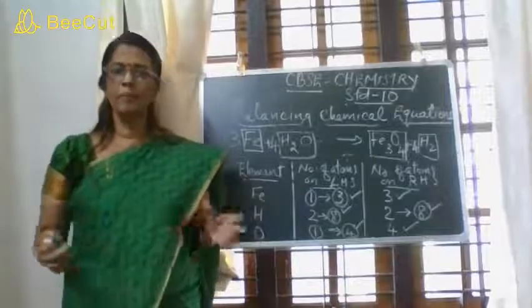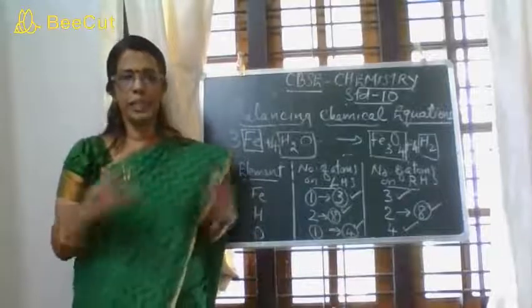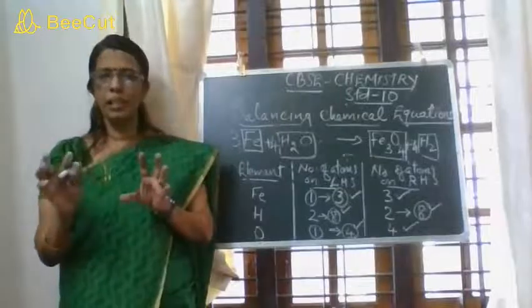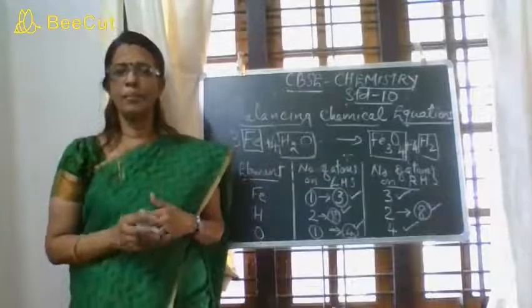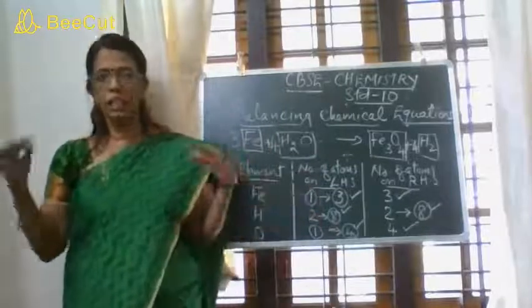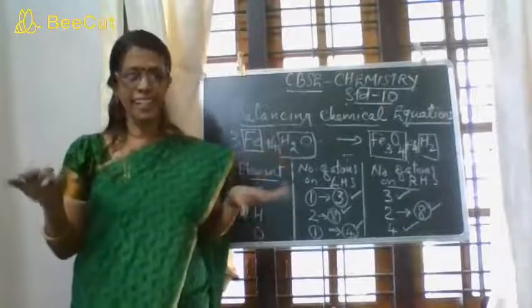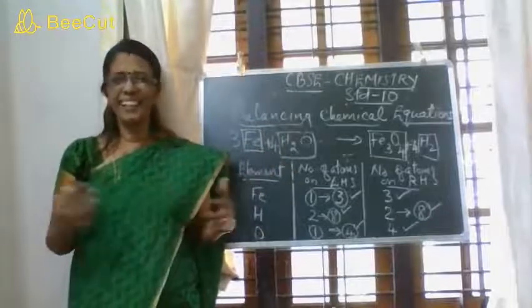This is called the trial and error method, or hit and trial method. By putting some numbers in front, and changing that number, finally we come to a conclusion that the number of atoms on the left hand side and right hand side are equal.